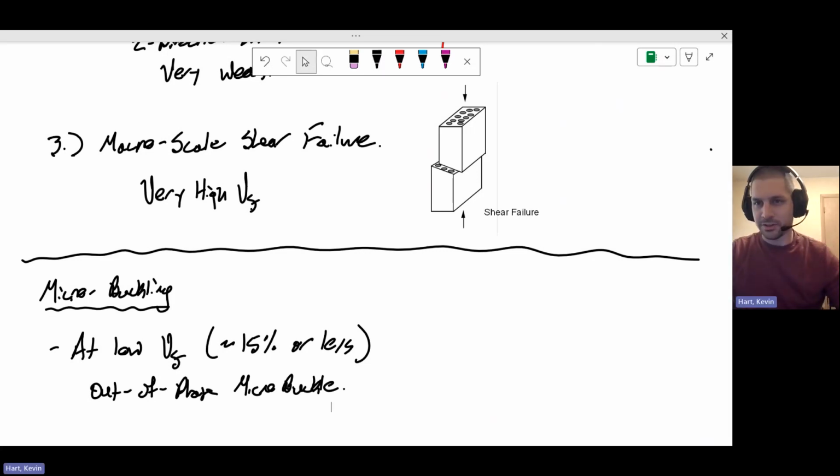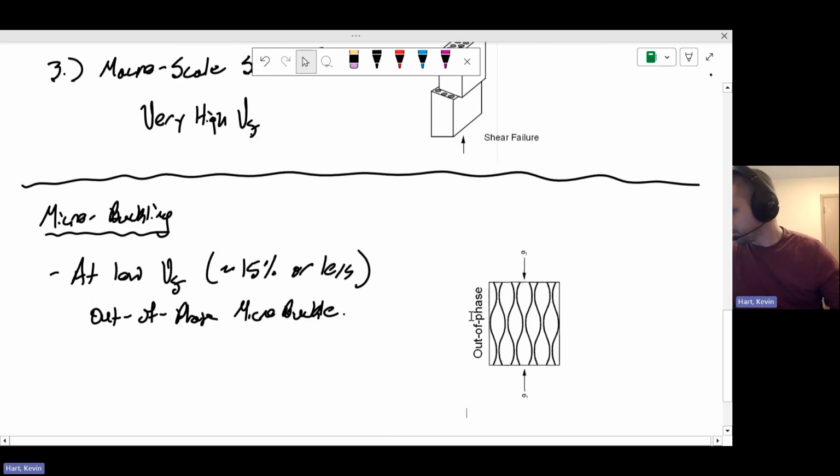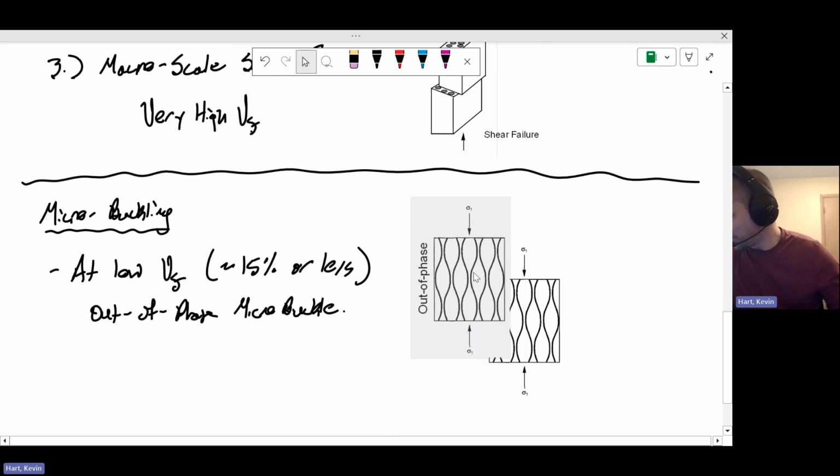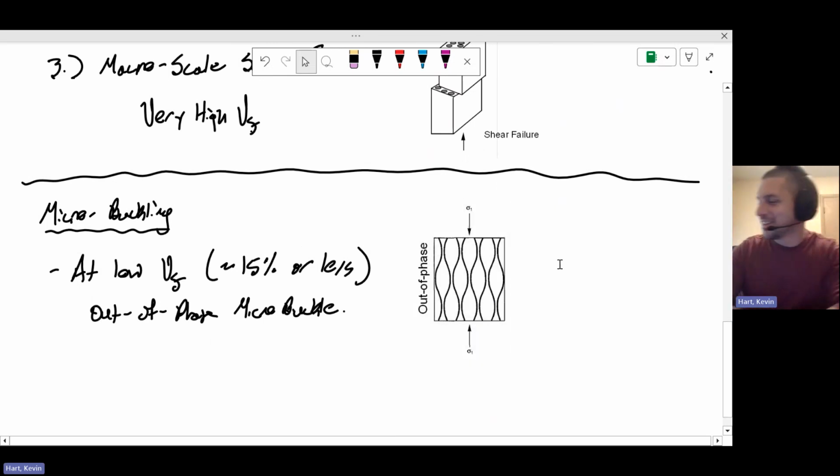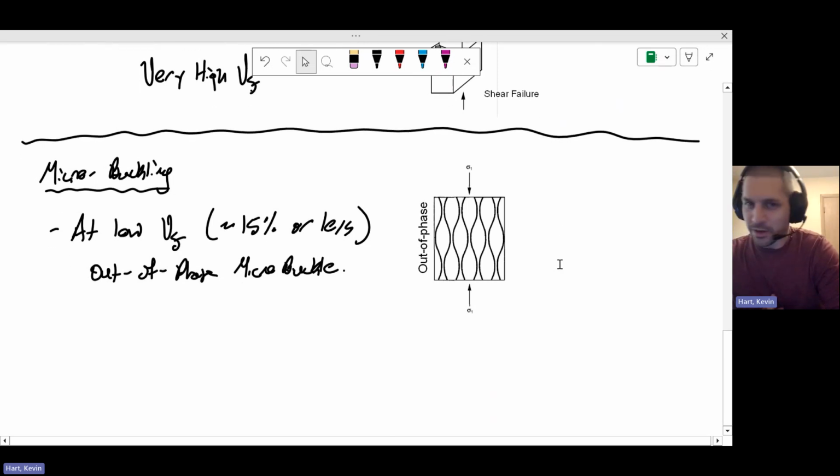And again, what that picture looks like, I'll just bring this in here for reference. It'll look a bit like this. But pause the video if you want to sketch this. Haha, you like that. All right, so at low VF, 15% or less, out of phase microbuckling.